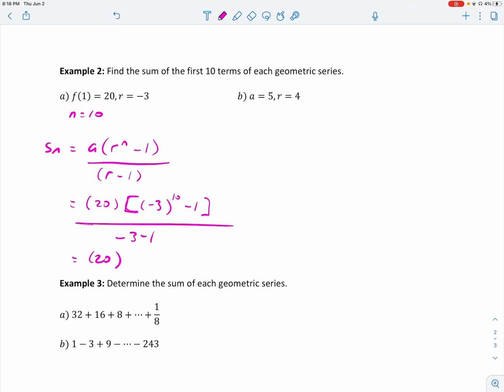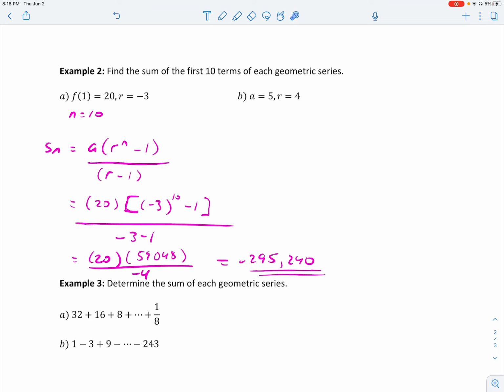I worked this out already. It works out to 59,048. And then we're dividing by negative 4. Putting that in the calculator, I get negative 295,240. That's the sum of that series.